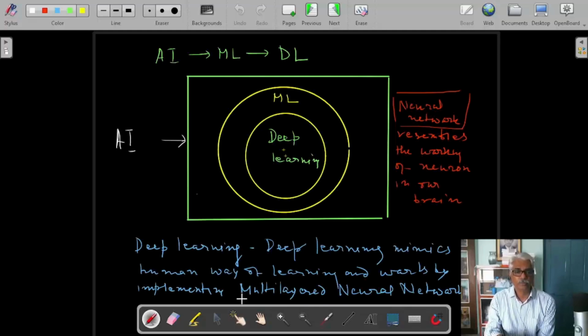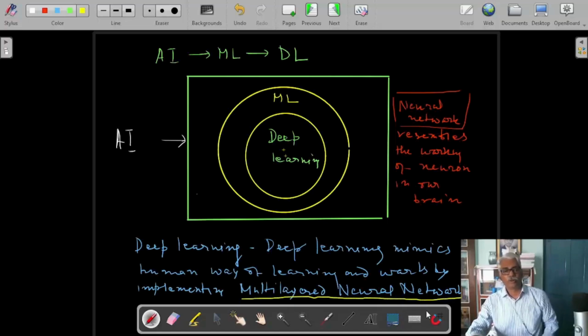So how does our brain work, how do we learn? We learn from our past experiences only. But where these things are stored and how they are dealt with, there is something called cells.